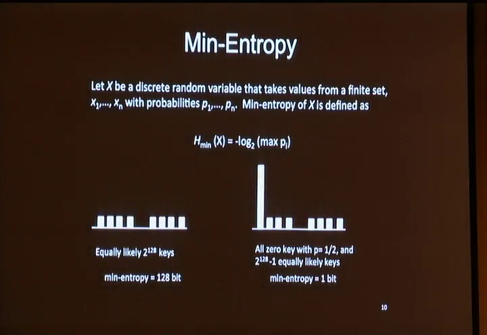Okay, so what is min-entropy? Again, mathematically, we have a probabilistic process that takes values from x1 to xn with some probabilities. Now we only care about the maximum probability, the event that happens with maximum probability. So it is the minus logarithm of the p_i value which is the maximum among all values. And min-entropy is always bounded by the Shannon entropy by definition.